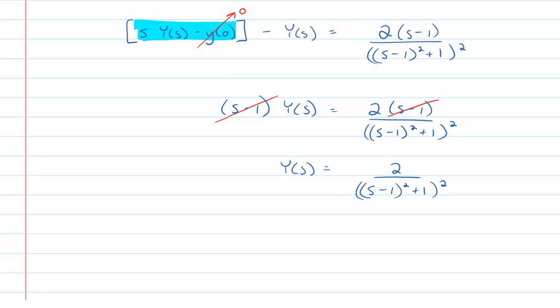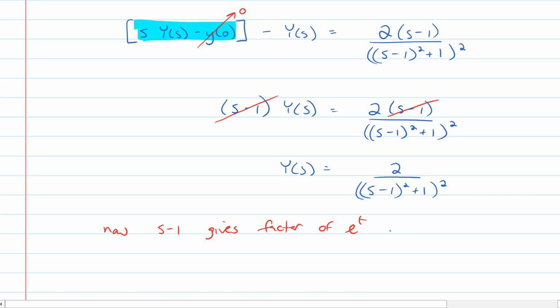So what do we do with this? We're going to take the inverse Laplace transform of both sides. But let's work on the right-hand side first and say that now the s minus 1 gives a factor of e to the t from the shift.